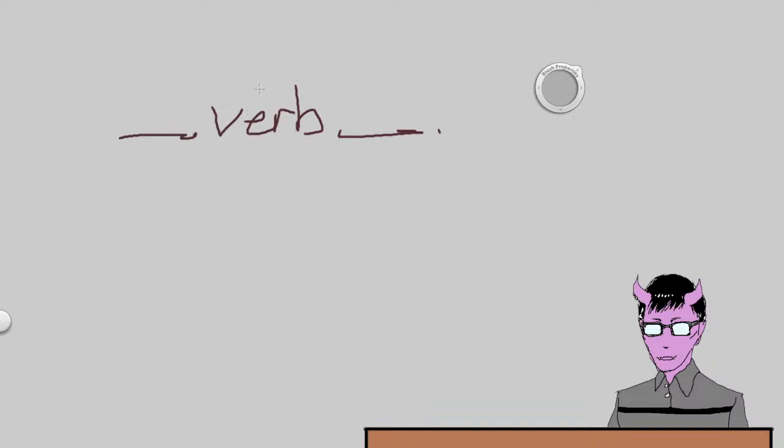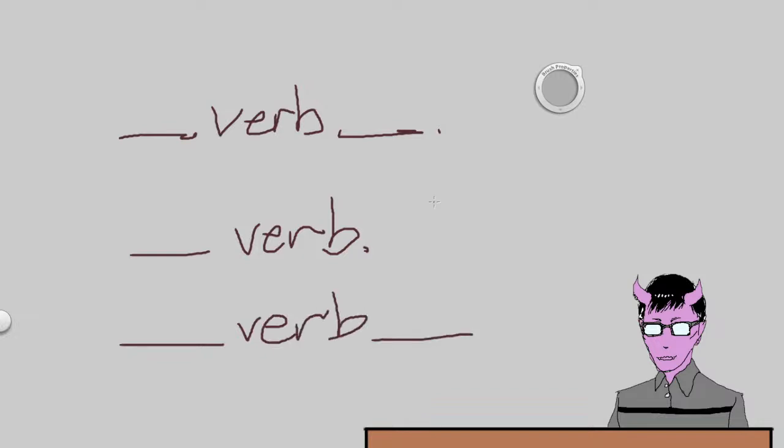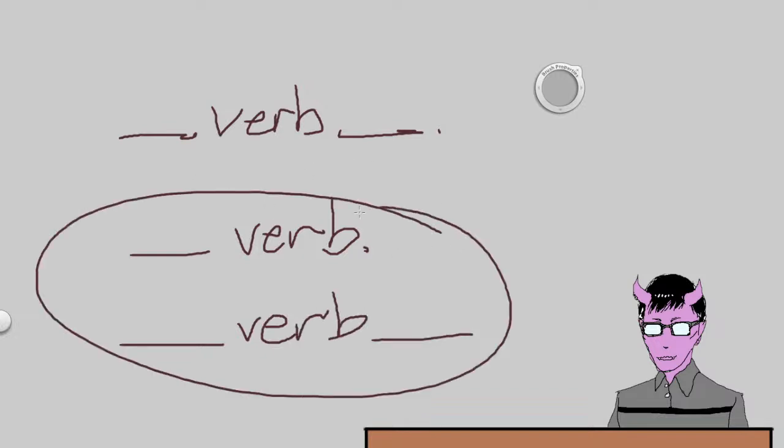When I say front and back, I mean left to right, traditional Western style reading. So to the left of the verb is the front, and to the right of the verb is the back. Some verbs you only need to put something in the front, and some verbs require front and back.